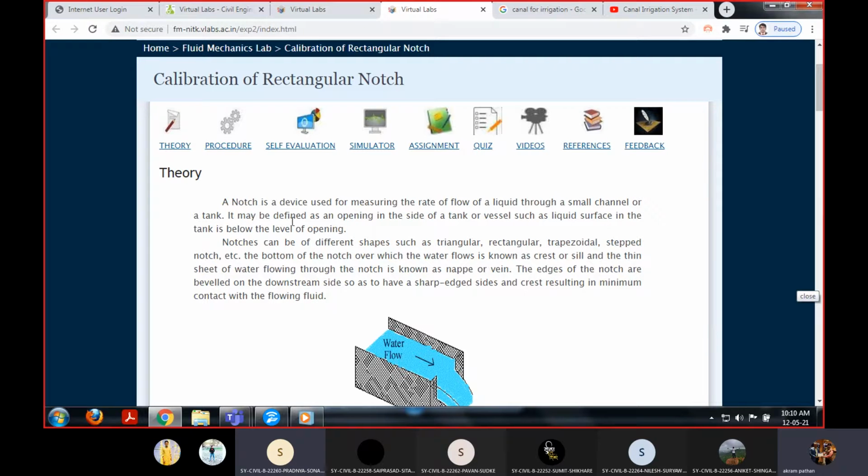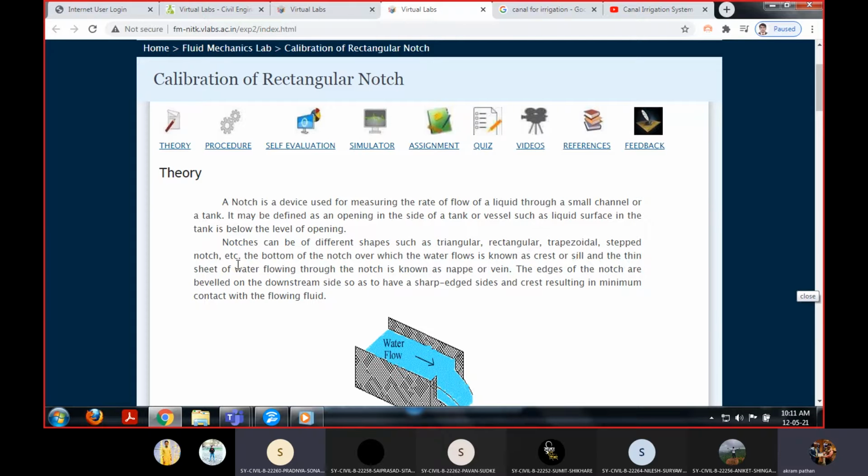It may be defined as an opening in the side of a tank or vessel such that the liquid surface in the tank is below the level of the opening. Notches can be of different shapes such as triangular, rectangular, trapezoidal, stepped notch, etc.